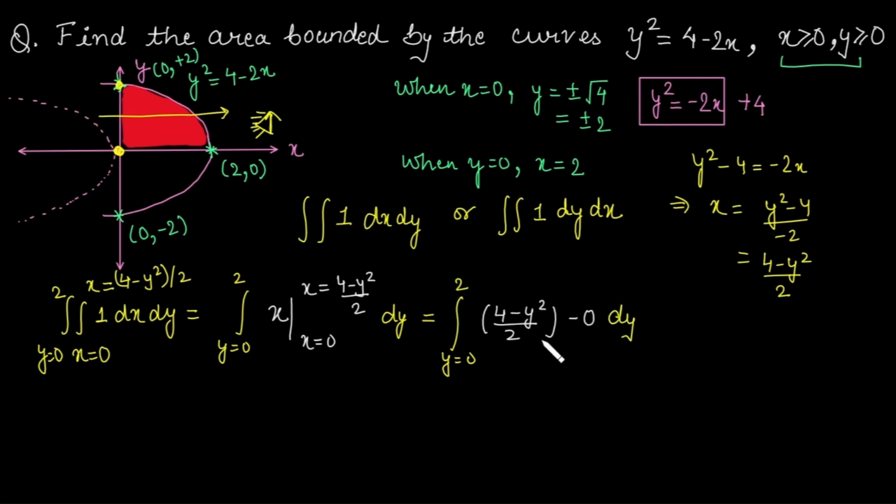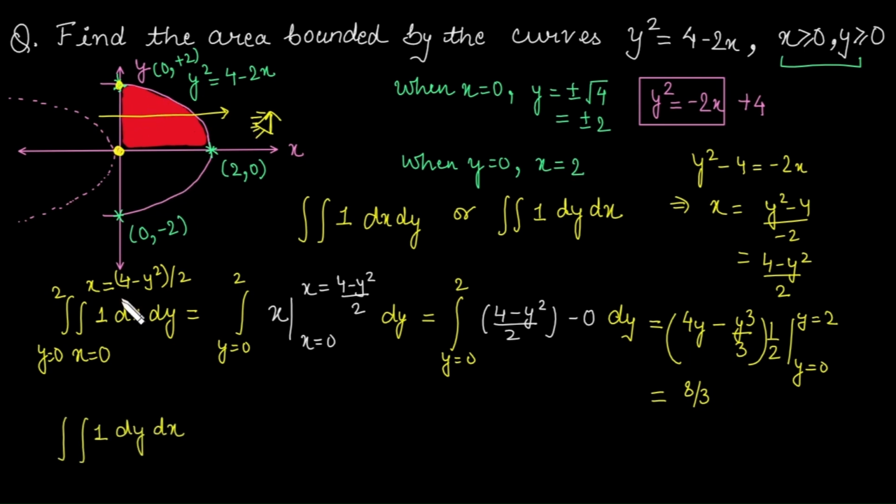Now evaluate the integration with respect to y. Integration of a constant is y, minus integration of y square is y cube by 3, and this 1 by 2 is outside. Limit for y is 0 to 2. Substitute upper limit minus lower limit. The answer in this case is equal to 8 by 3.